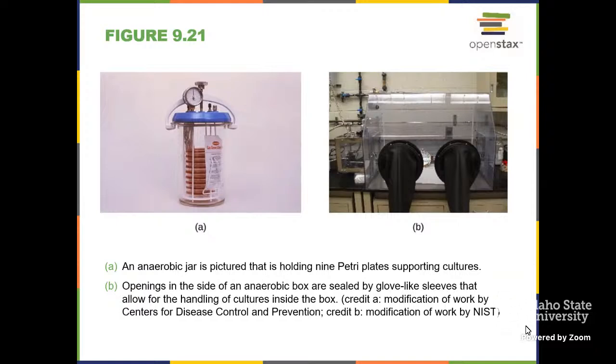And right before the plate or two before it's clear to the top, we put a Petri dish with a little tea light candle, little candle in there. And we light the candle and we screw the lid down. And as the candle burns, it burns up most of the oxygen, and then the candle goes out.